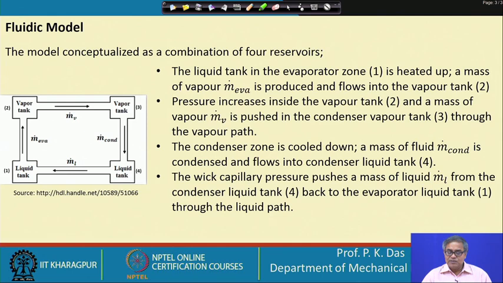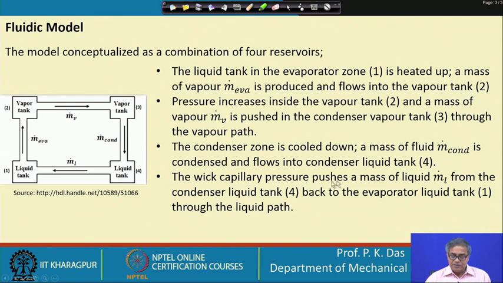The liquid tank in the evaporator zone 1 is heated up, a mass of vapor m dot evaporated is produced and flows into the evaporator tank 2. Pressure increases inside the vapor tank 2 and a mass of m dot v is pushed in the condenser vapor tank 3 through the vapor path. The condenser zone is cooled down, a mass of fluid m dot condenser is condensed and flows into the condenser liquid tank 4.